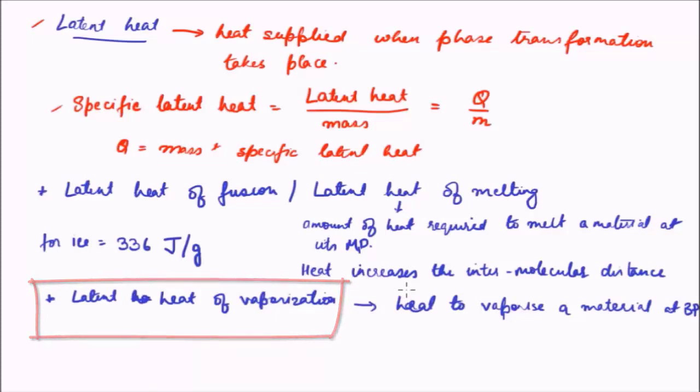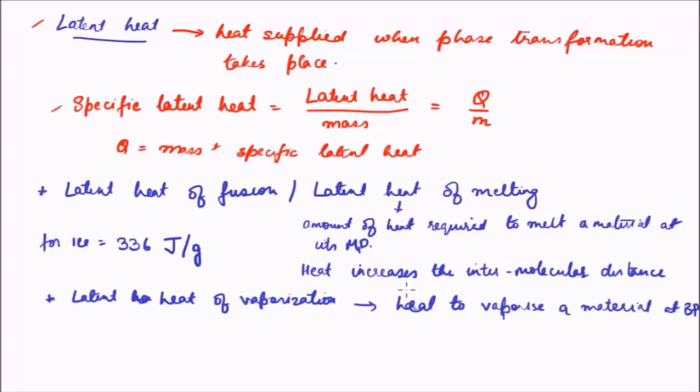So a lot of work needs to be done against the existing atmospheric pressure. So some heat is used up to do the work against the air pressure, and some heat is used to increase the intermolecular or interatomic distances. That is where the latent heat goes, and as a result the temperature does not increase. The temperature remains constant.